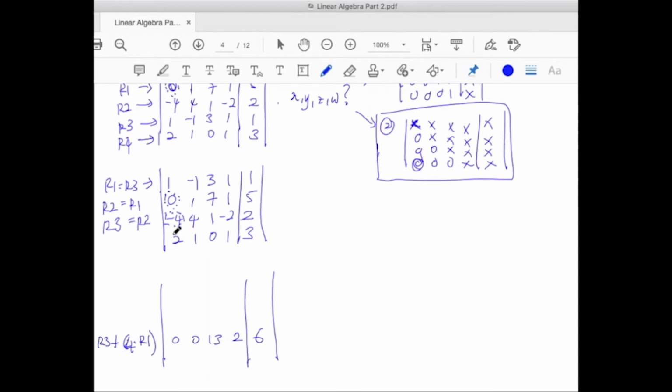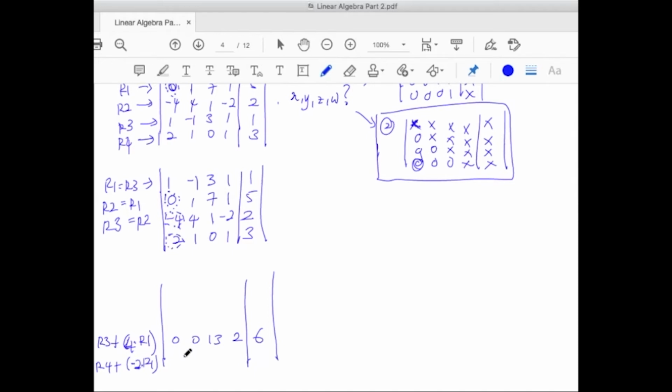Next, we look at our next coefficient, 2. We need to change it to become 0. So we can take row 4 plus row 1, but you need to multiply row 1 by -2.